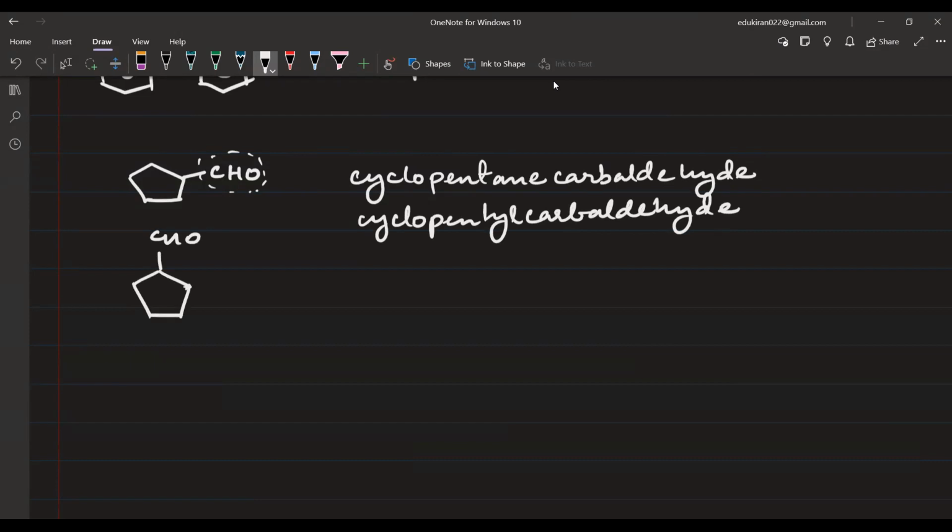Also, please see if you have CHO, CHO, and CHO, then please number them 1, 2, and 3. So this is 1, 2, 3 tricarbaldehyde, and then again we have the cyclopentyl group. Please write the name.